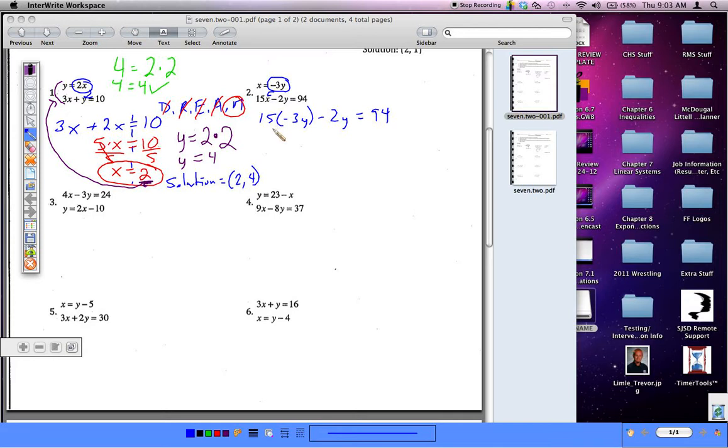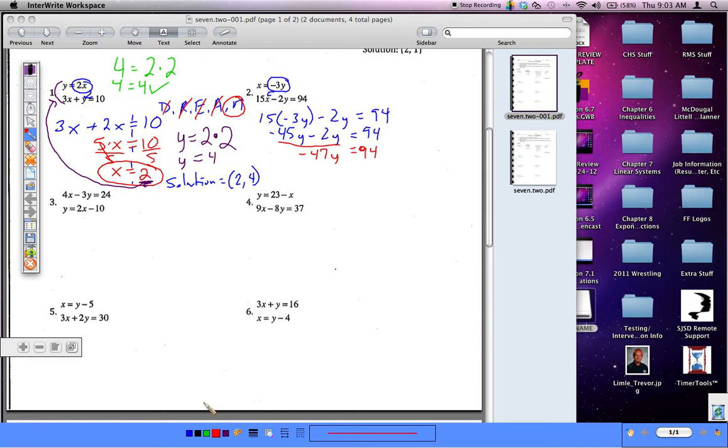Multiplication is going to happen first. So that's negative 45y minus 2y equals 94. When we combine these two using the regrouping step, we would have negative 45y minus 2y, which is going to be negative 47y, and that equals 94.